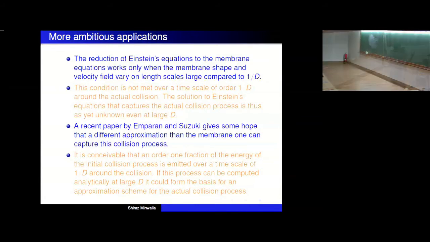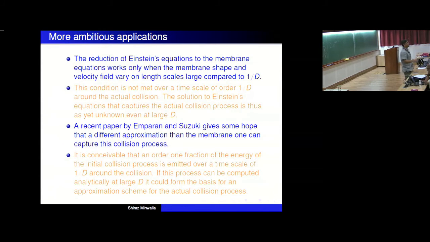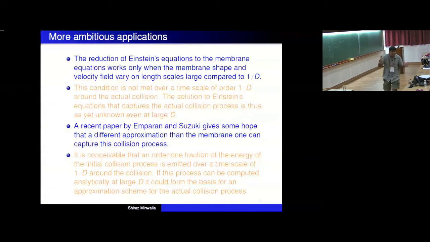It's conceivable that by working enough, we could accurately understand exactly what happens in a black hole collision at large D. There would be this violent collision process, some approximation where the membrane sort of starts taking over, and then the membrane equations. While no radiation is emitted once the membrane equations take over, radiation is certainly emitted during the collision process.